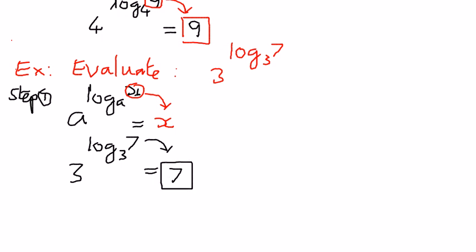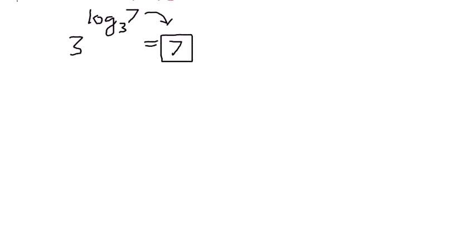Okay, let's take another simple example. In this example, we want to evaluate this expression here, 2 to the power of 3, and this whole thing is to the power of log 7 to the base 8.